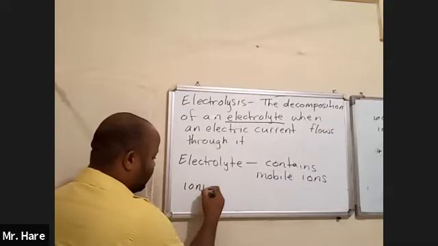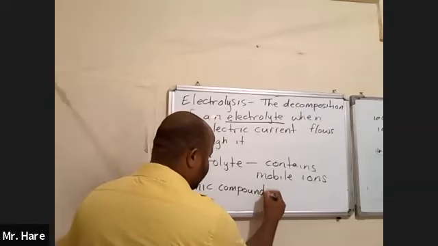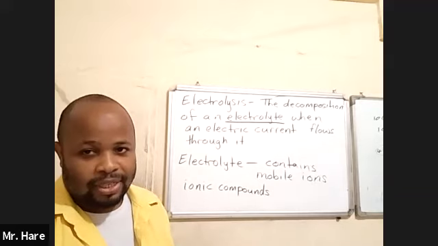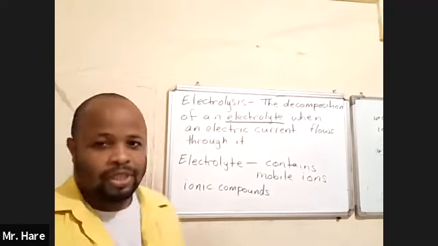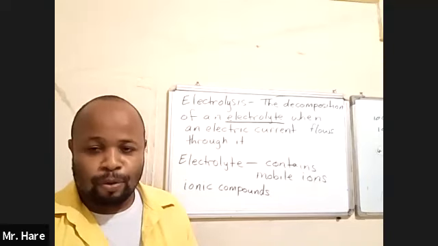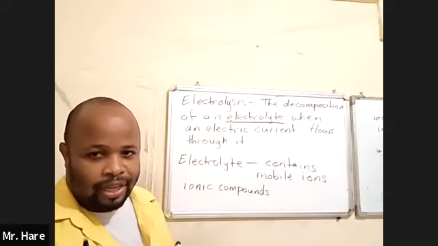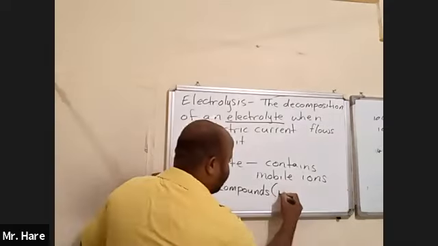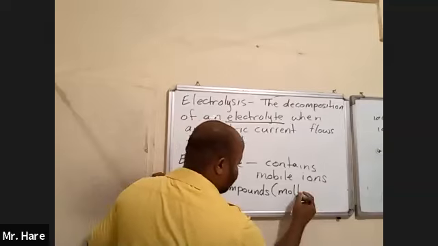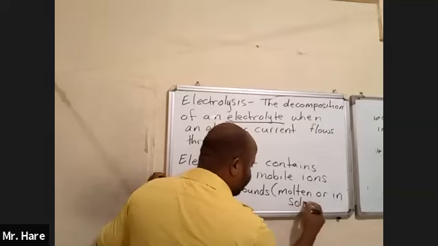Ionic compounds are used as electrolytes. Ionic compounds can be in the solid state, they can be dissolved, or they can be molten. Ionic compounds can act as an electrolyte if they are molten or in solution.